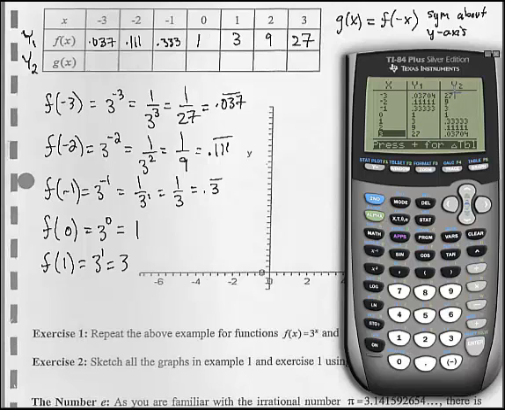And then we see that y2, g of x, 3 to the negative x, just simply reverses the outputs that we have in our table. So g of negative 3 would be 27, g of negative 2 would be 9, 3, 1, 0.33, 0.111, 0.037.